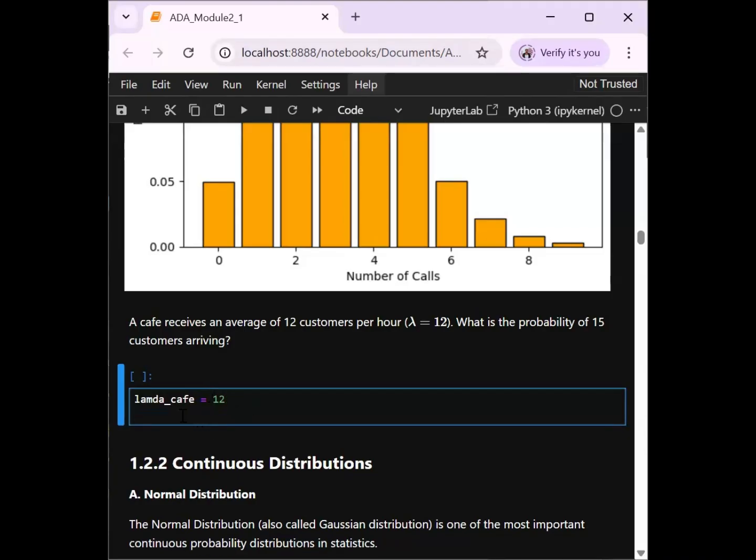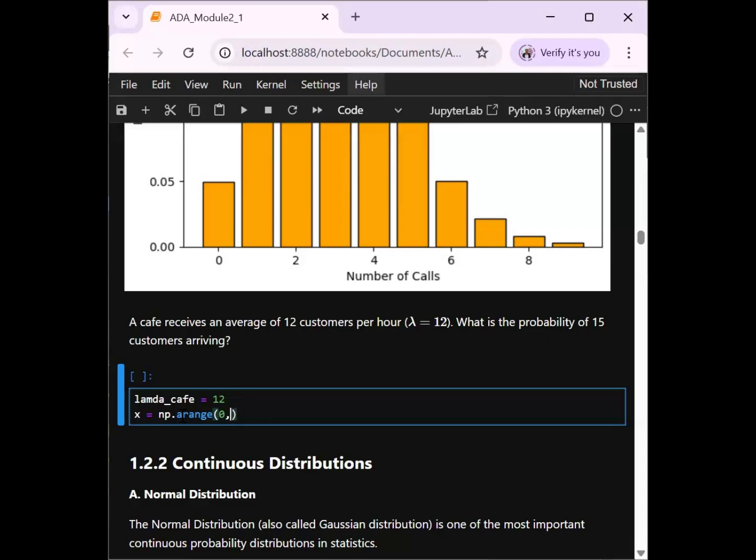Also, remember previously we've been using 0 to 10, so let's define our x now. For this Poisson distribution, you don't need to put the probability, that's the p. It only takes in the lambda and the x. For the x, we need to simulate different outcomes, since we want the probability of having 15 customers. So our range should be between 0 and 20, so that it's more than 15.